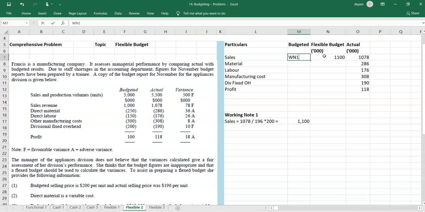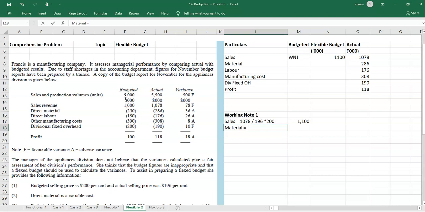So this is working note number 1. Direct material is a variable cost, so we have to find out the material.